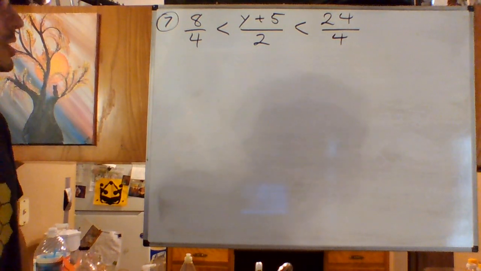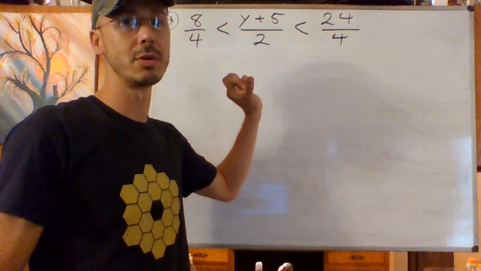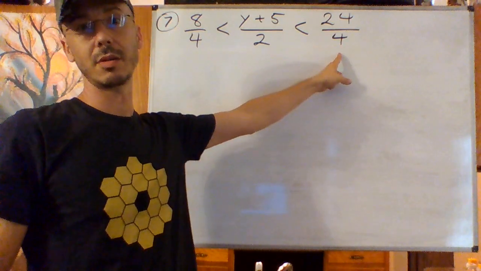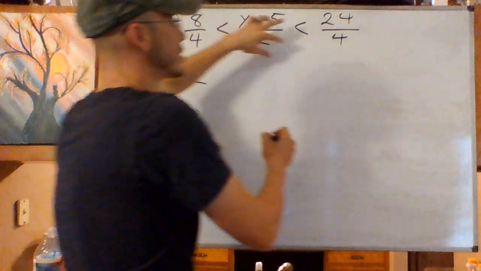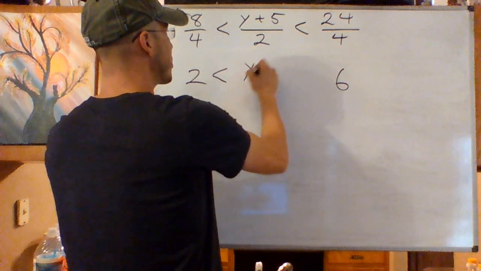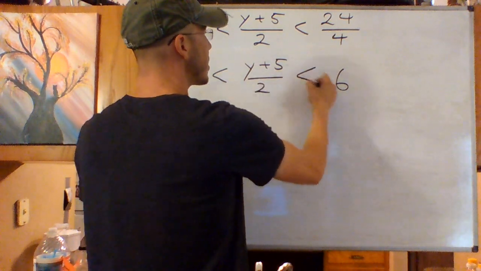And in this situation, to keep it as simple as possible, I'm going to reduce these fractions. This 8 divided by 4 is 2, and 24 divided by 4 is 6. So I'm not really working with the inequality there. I'm just simplifying those expressions separately.